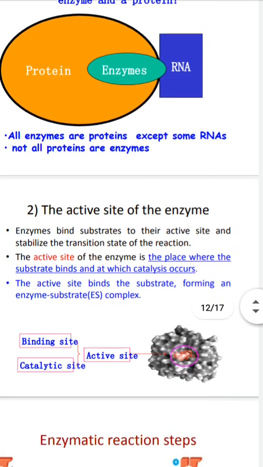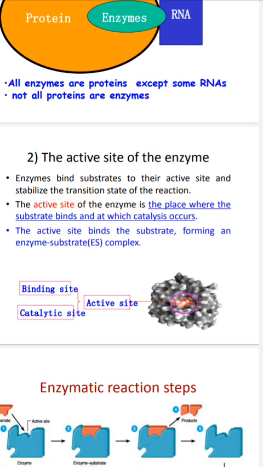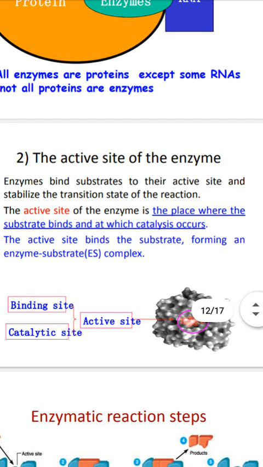Now, an enzyme is a type of molecule. It has a site where the substrate binds, which is called the active site of an enzyme. Now we see the structure of an enzyme. The definition is: an enzyme binds the substrate at the active site and stabilizes the transition state of the reaction.